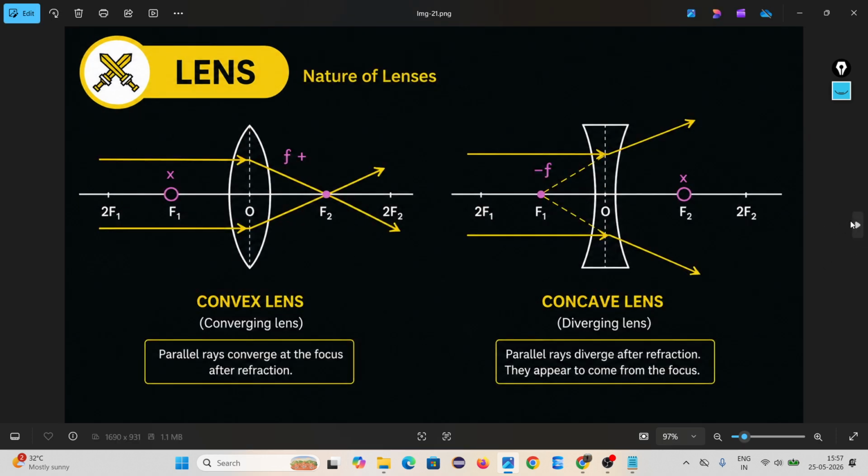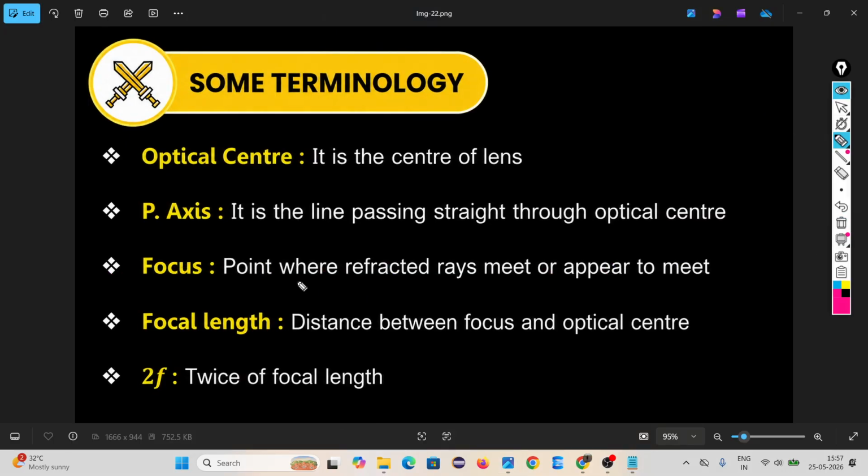Read the focus definition: the point where refracted rays meet or appear to meet. What does it mean?